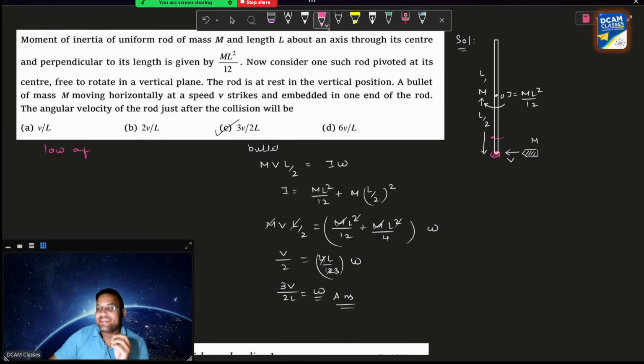See, when this bullet got attached to the rod, and this rod is capable of only rotating about this point O because it's pivoted, means it has been fixed here at the middle point. When you have fixed it from the middle, it cannot translate. It will only be able to rotate like this.